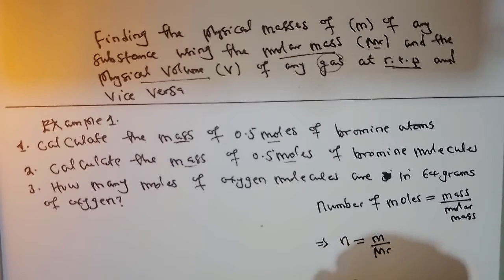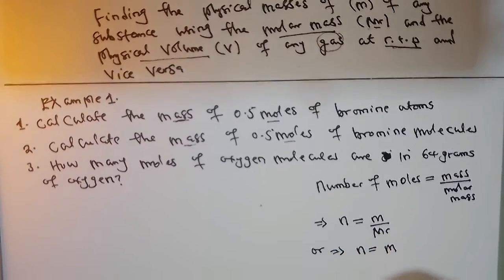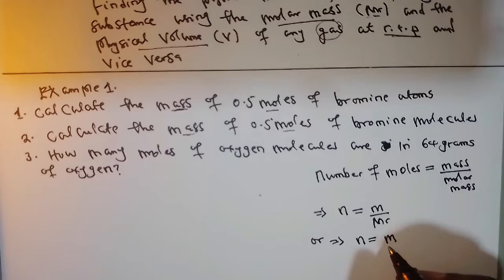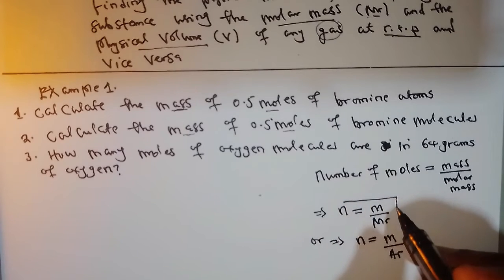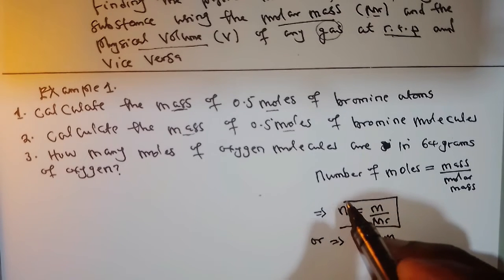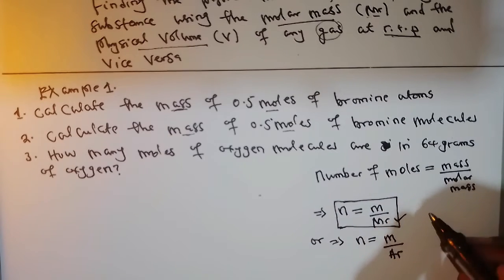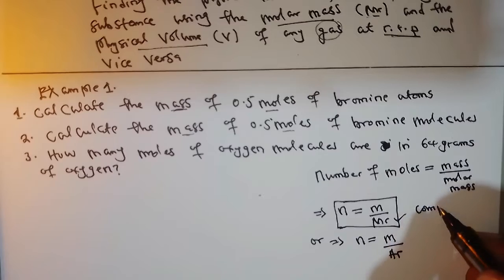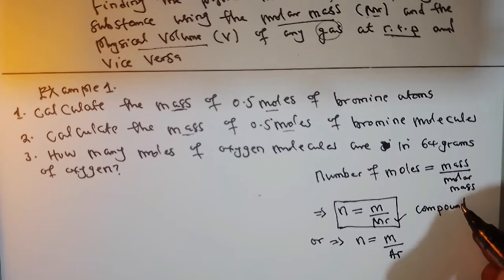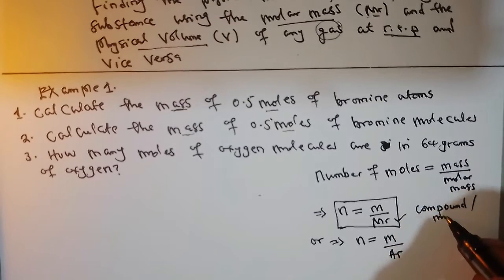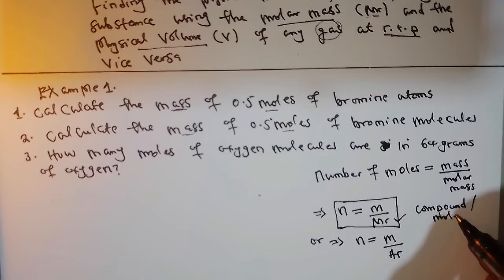Or you can also say that the number of moles equals the mass over the relative atomic mass. You have to be careful, because when you're dealing with the first formula, where this is the Mr., then the substance given is a compound or a molecule.